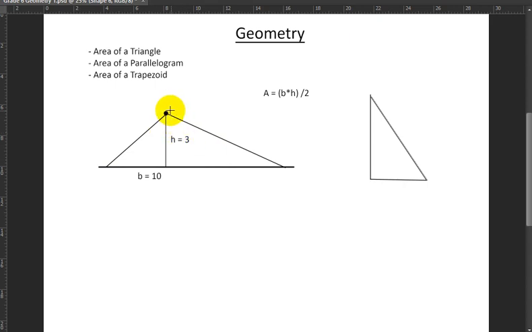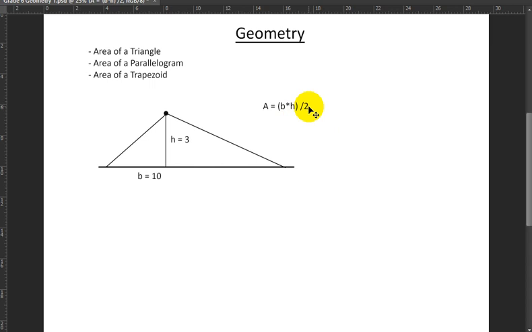Remember that? We said this is the height of the triangle. Well, here in the right triangle, to get from this point up here to the base, we just have to follow the side of the right triangle. So the height and the base are both sides of the triangle in the right triangle. But in a scalene, they are not. However, the formula remains the same. We still need to do base times height divided by 2.